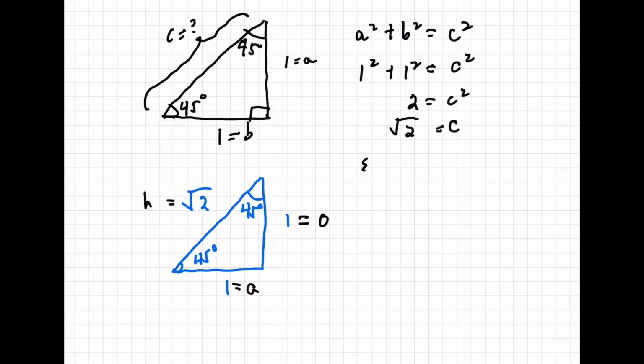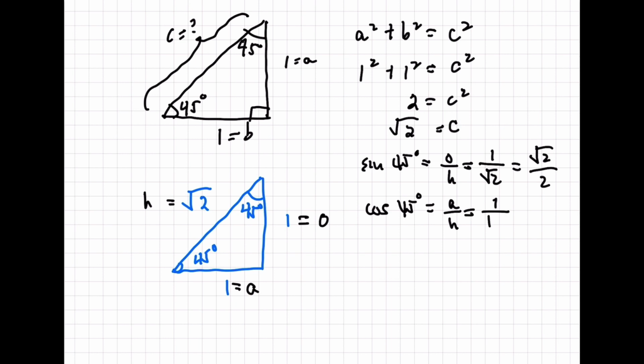We start with sine. So that's opposite over hypotenuse, or 1 over square root of 2. I will multiply both numerator and denominator by square root of 2. So this would look like square root of 2 over 2. Now, since your opposite and adjacent lengths are the same, then your cosine will have the same value as your sine.